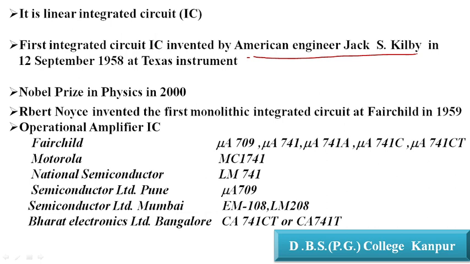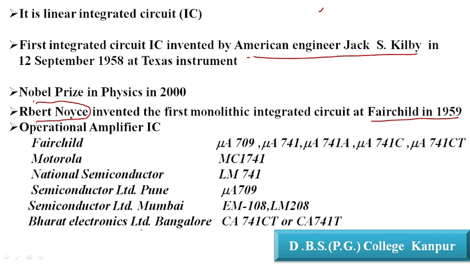Monolithic: mono means single, lithic means crystal. That means ICs developed on a single crystal by Robert Noyce, a scientist at Fairchild, who described the monolithic ICs, okay, monolithic ICs.